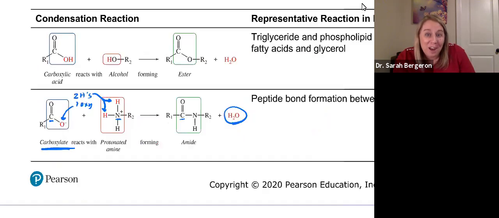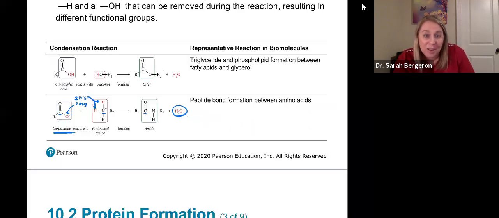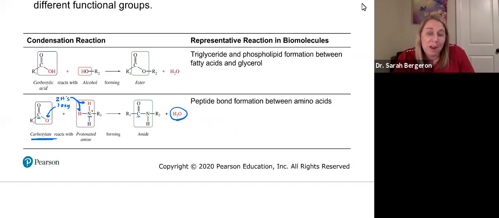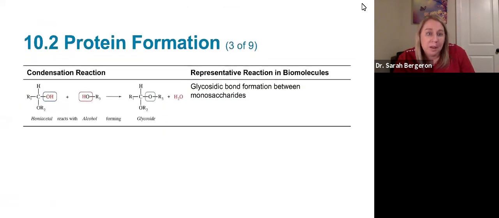So you've actually kind of done this before. We've talked about it when we talked about forming fatty acids and glycerol and that kind of stuff. But really what we want to focus on now is the peptide bond formation, right? So here we go.